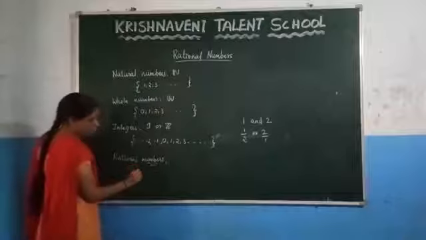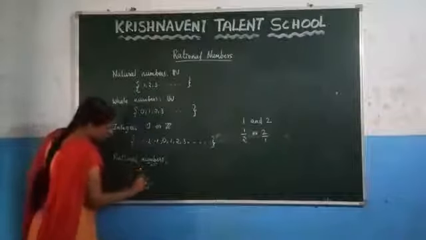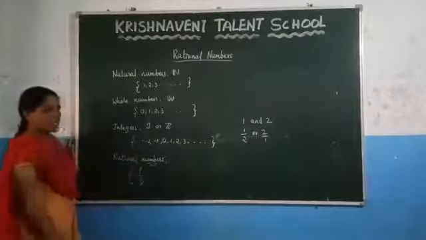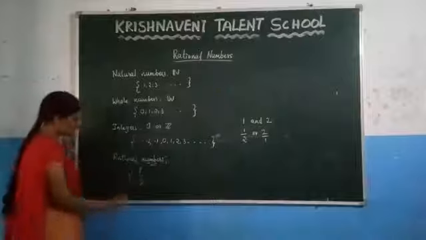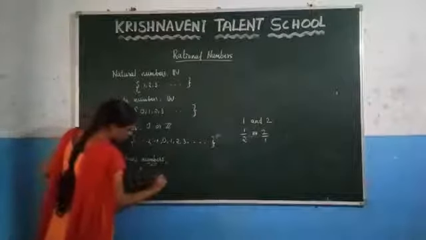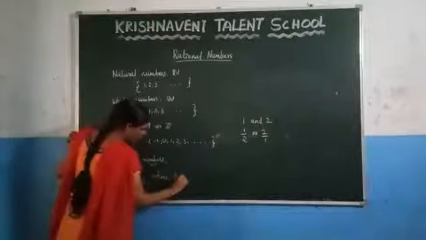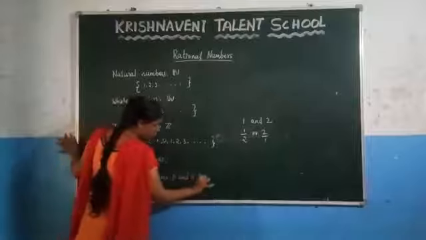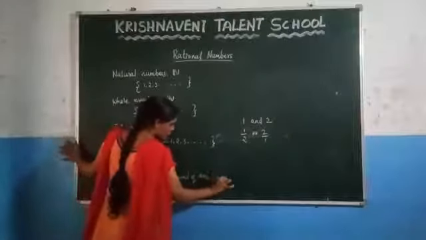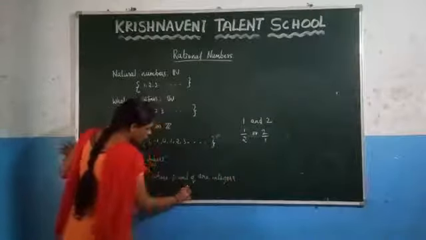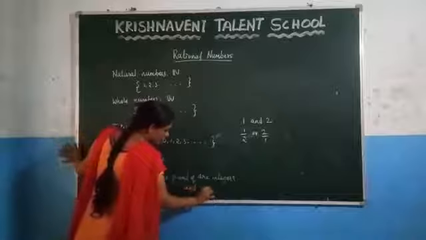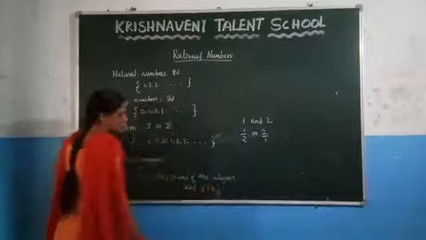You have to consider two integers, let us consider those integers as p and q, and you have to write them in the form of p by q, where p and q are integers. And one more condition will be there, which is the denominator should not be equal to 0.